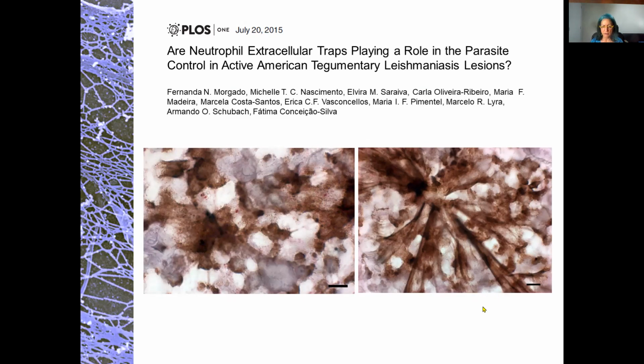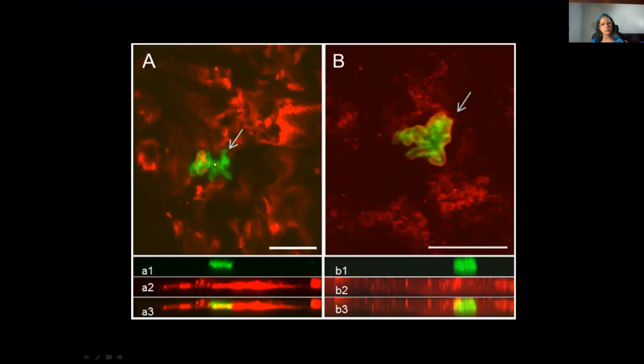Unfortunately, in this work, we could not correlate the amount of NETs with some characteristics of the disease. We just found that if you have more amastigotes in the lesion, you have more NETs in the lesions too.